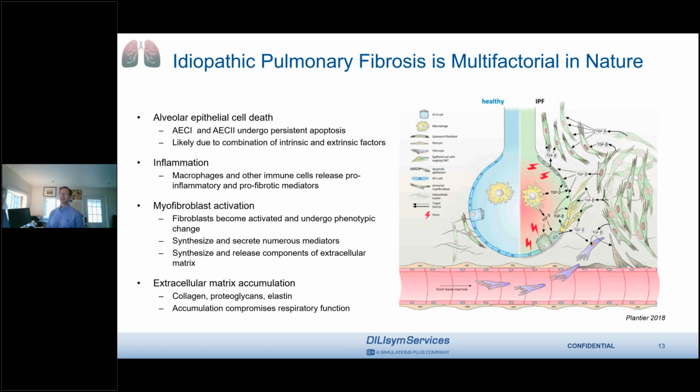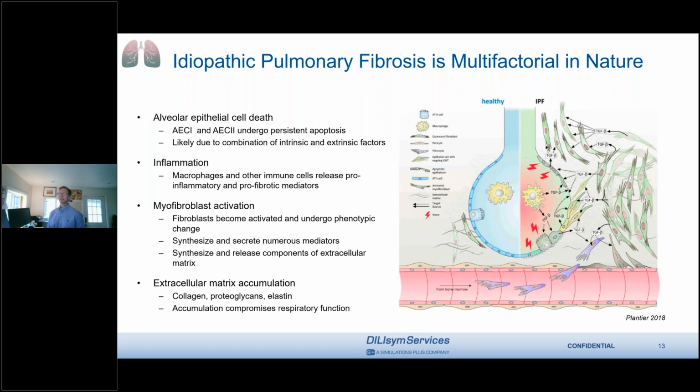And so I mentioned the alveolar epithelial cells, both type 1 and type 2, undergo apoptosis for a variety of reasons. We believe at this point a really large influence is the aged population, the senescence that comes with older cells.